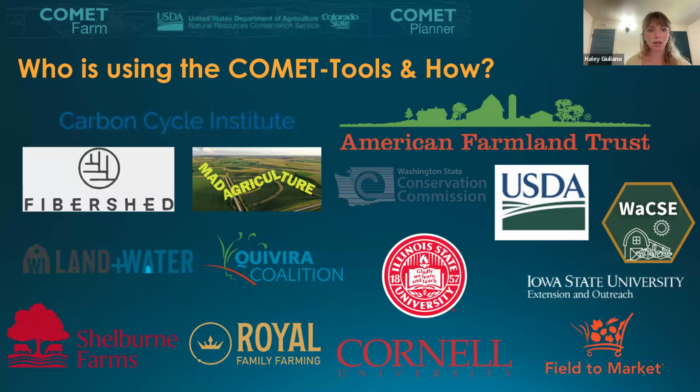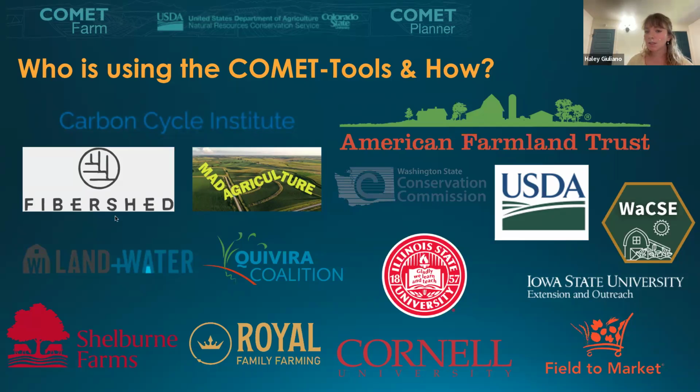The COMET-Tools were also developed through a cooperative agreement between CSU and USDA. There are several programs, which we'll get to in a few, most notably Partnership for Climate-Smart Commodities, that require the tools to be used where applicable.